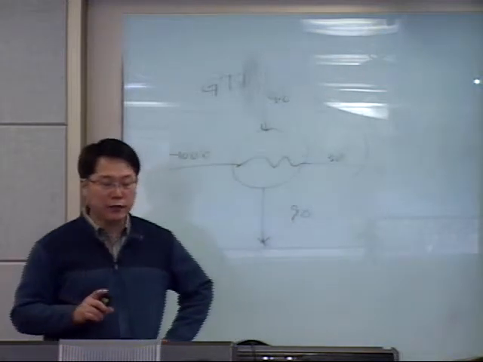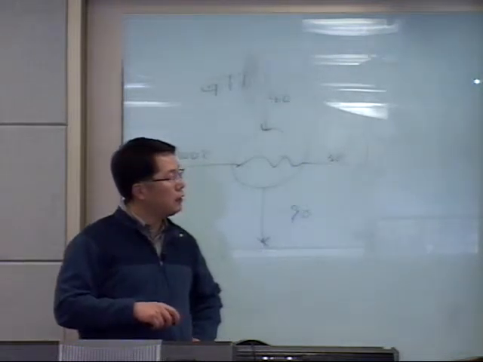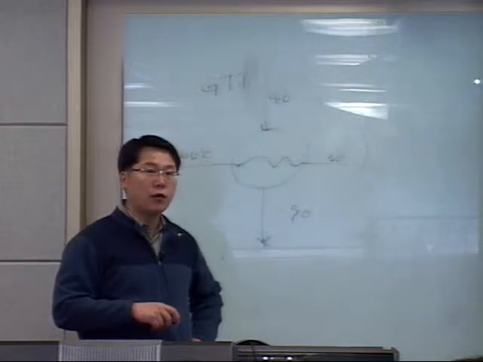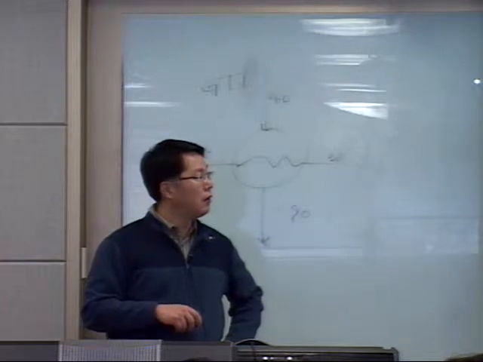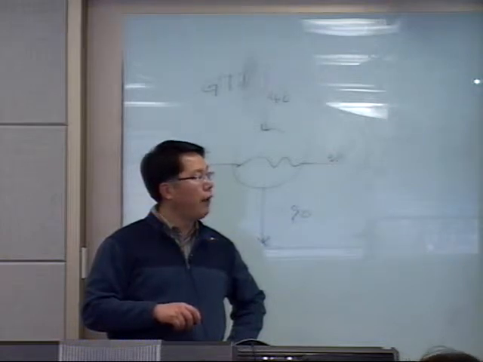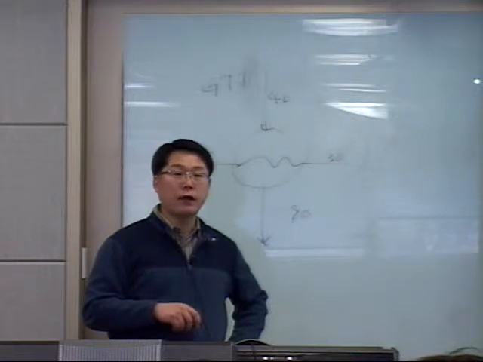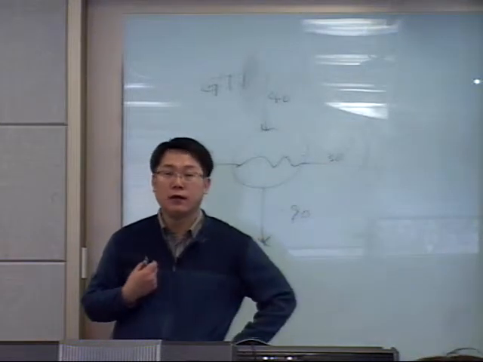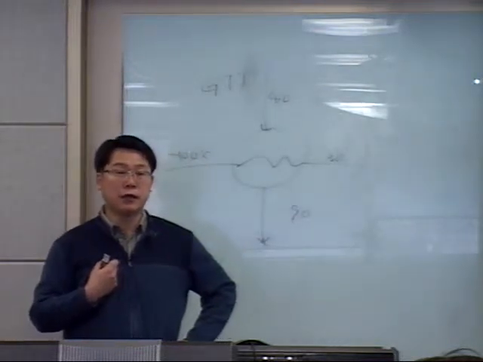Let's check the nitrogen cycle. We have a nitrogen cycle here, and that nitrogen is compressed from about 16 bar to 60 bar. After it is cooled a little, and it is expanded through this turbine, you can get nitrogen at -170.